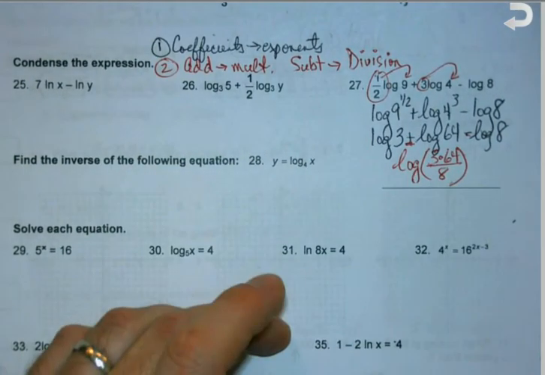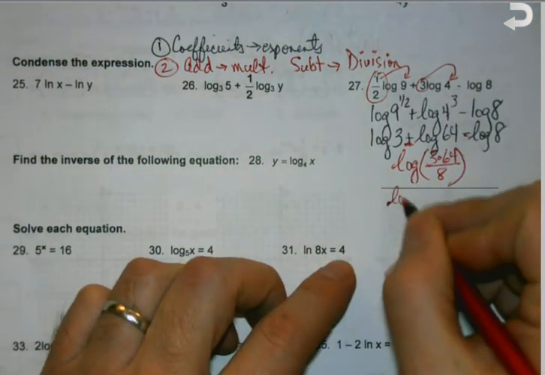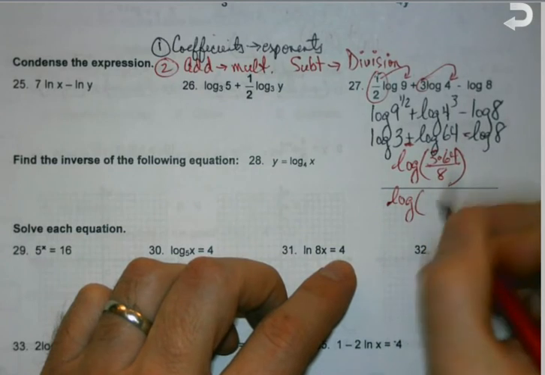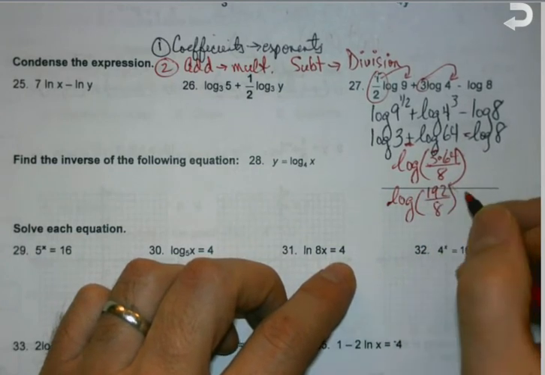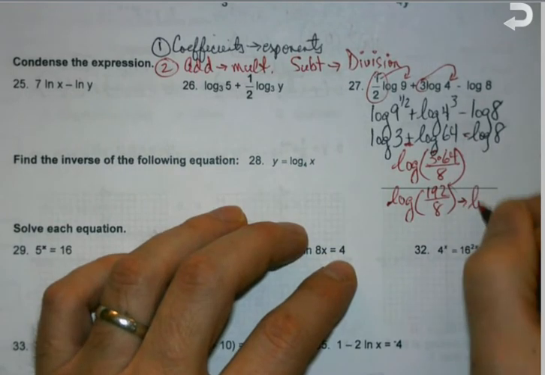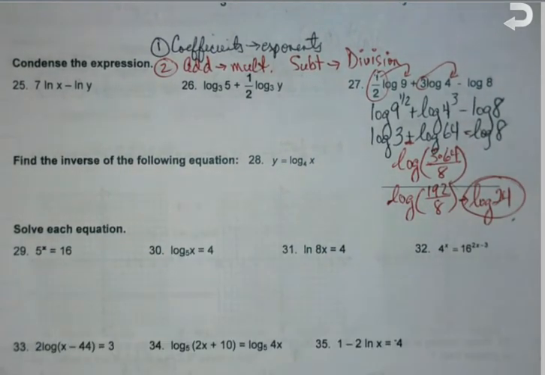And all I'm going to check for at this point is, if I simplify it, will it simplify more? So 3 times 64 is 192 divided by 8, and that is going to simplify to the log of 24, and I'm done.